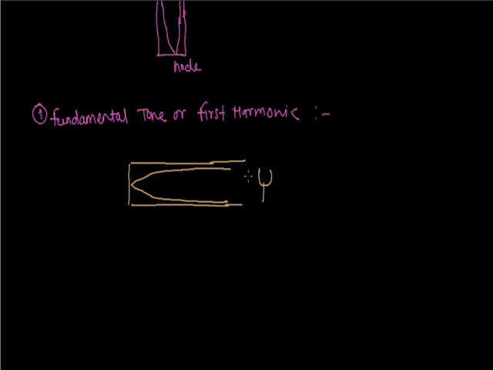When it vibrates, the wave goes from the open end to the closed end, and after reflection it goes from the closed end to the open end, moving in the opposite direction, and after superimposing it forms a standing wave. That is the antinode, and the distance between the first node and first antinode is lambda by 4. If the length of the organ pipe is L, then L will be lambda by 4.